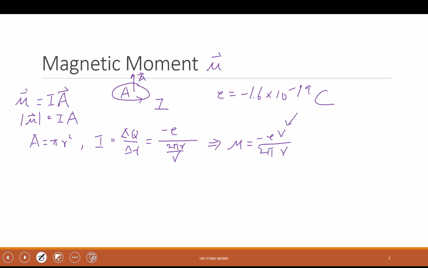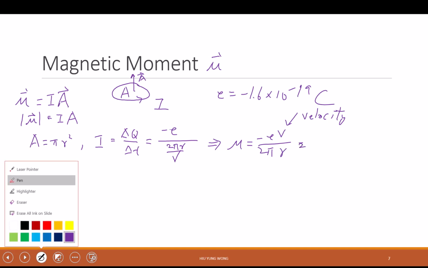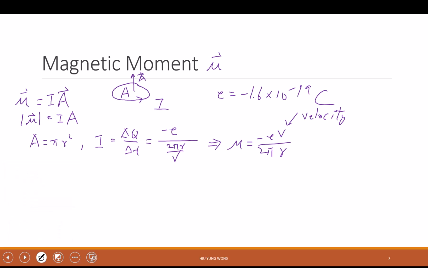I need to emphasize this v is velocity, not voltage. Then r cancels, pi cancels, and you get negative e v r divided by 2. Am I right? Yes.